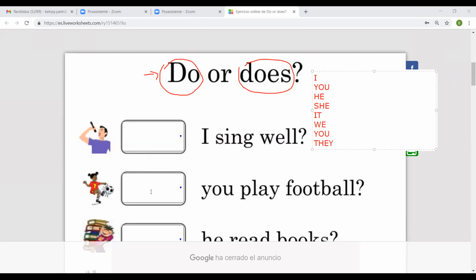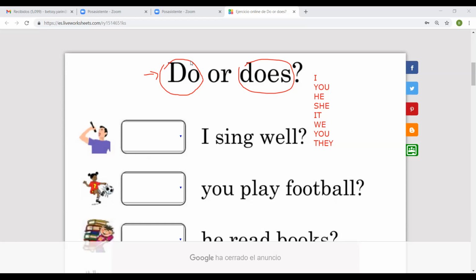Okay, very good. So what about in this? We have the pronouns, and we have to connect these to each auxiliary, do or does in each case. Only for this one, with es, I have to use that with he, she, and it.